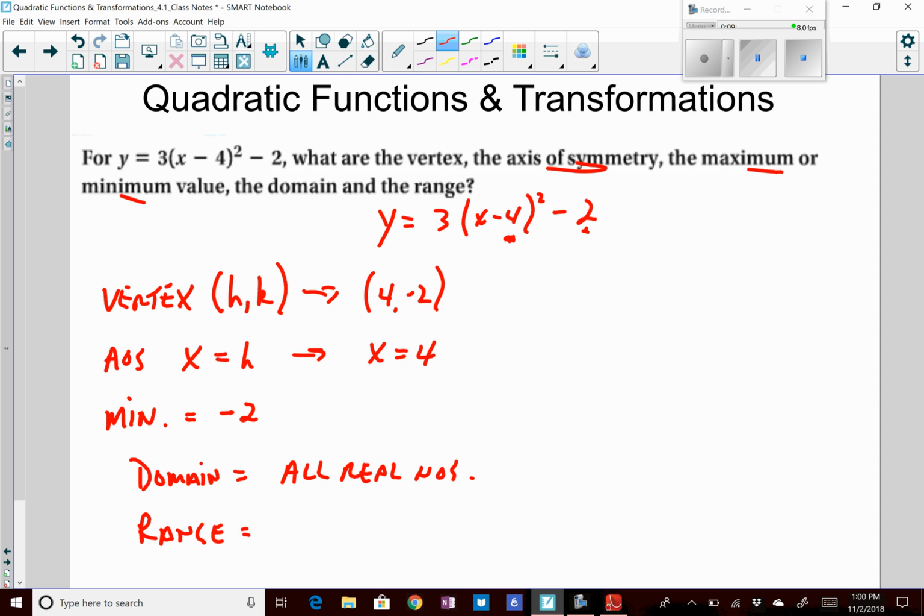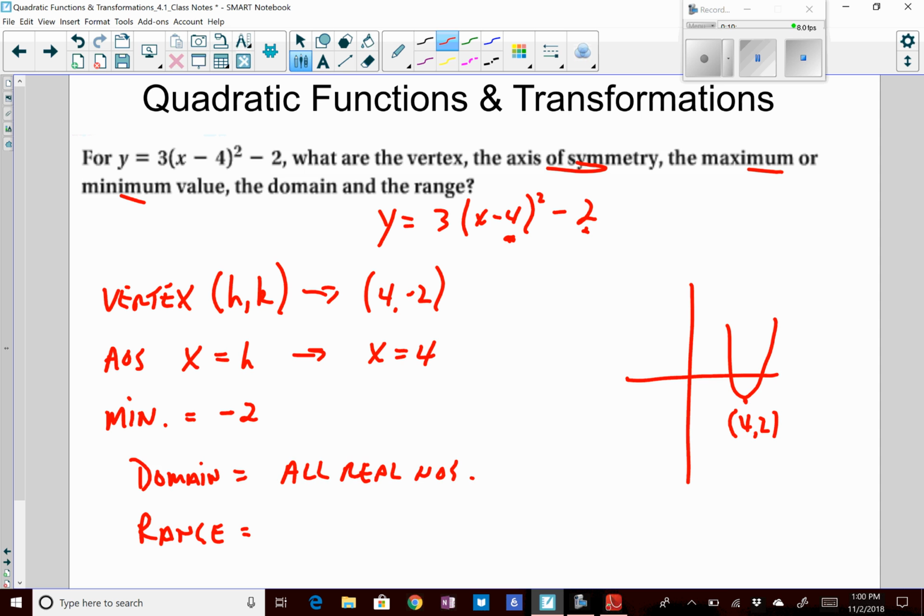So if you think about it, just roughly, the graph will look something like this. So we have 4, -2 as the vertex here. When we're looking at the range, we're looking at all the y values that are encompassed by the function.